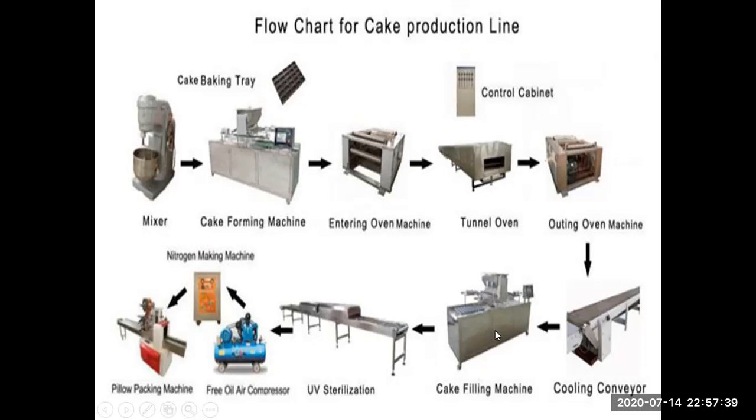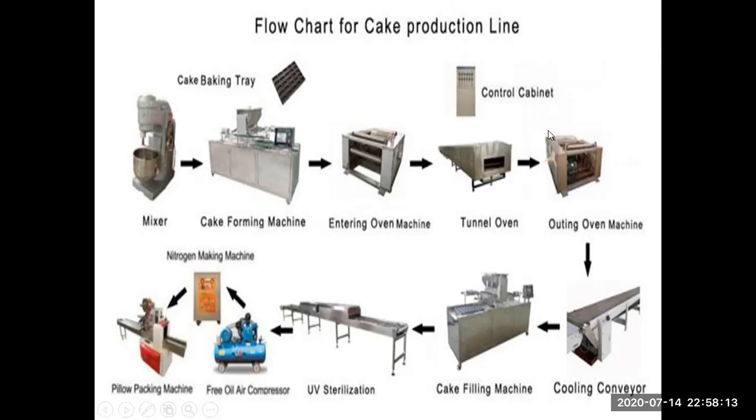But if your muffin is added with chocolate syrups or creams, or your sponge cake is mixed with different kinds of fillings, then these machines will be in use. You can see there is a needle; with that needle the fillings go inside after baking. And there is a sterilizer. After that, it goes to the packaging section, and then the cakes are packed.